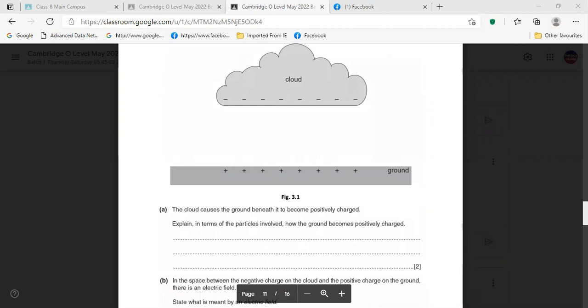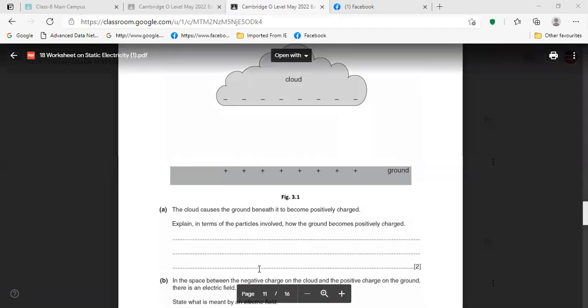Very good. So are you using mobile or laptop? Laptop. Okay, so you can write it if I allow you.